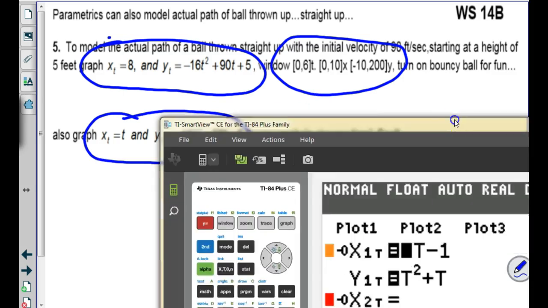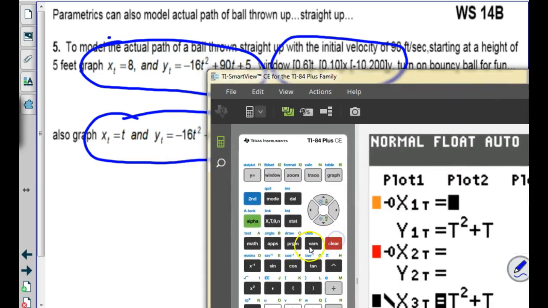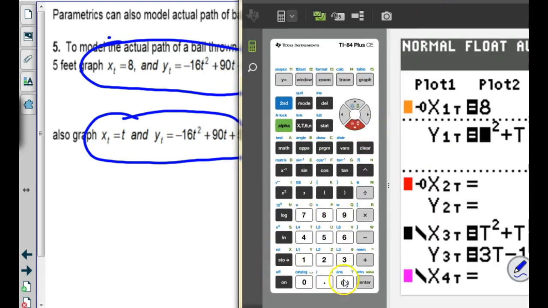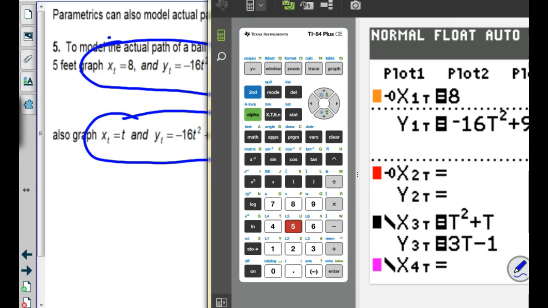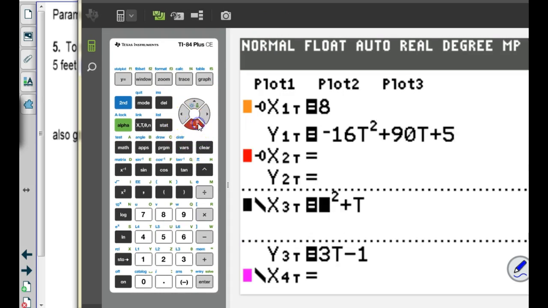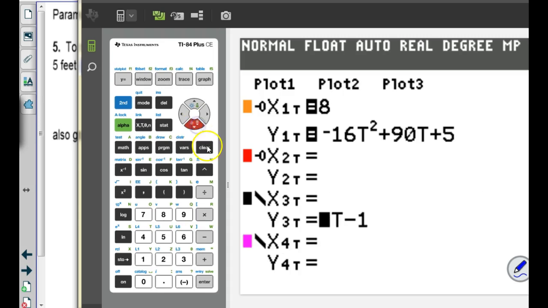So first of all, it just says x equals 8. And then y equals negative 16t squared plus 90t, don't forget the t's, guys, plus 5. And the other one is the same thing. Instead of x equals 8, it's x equals t.